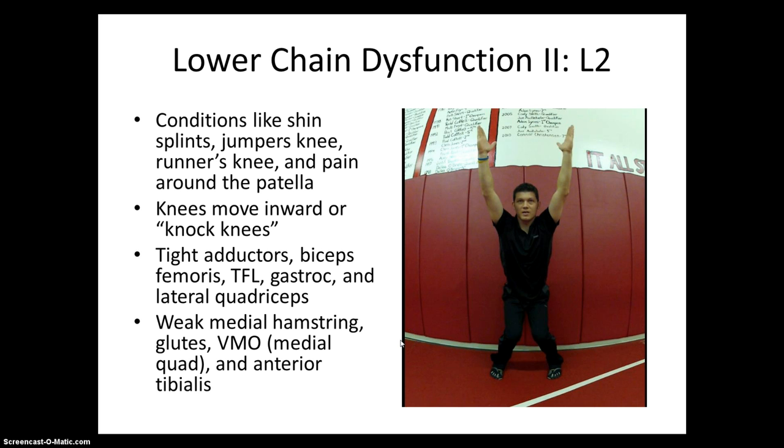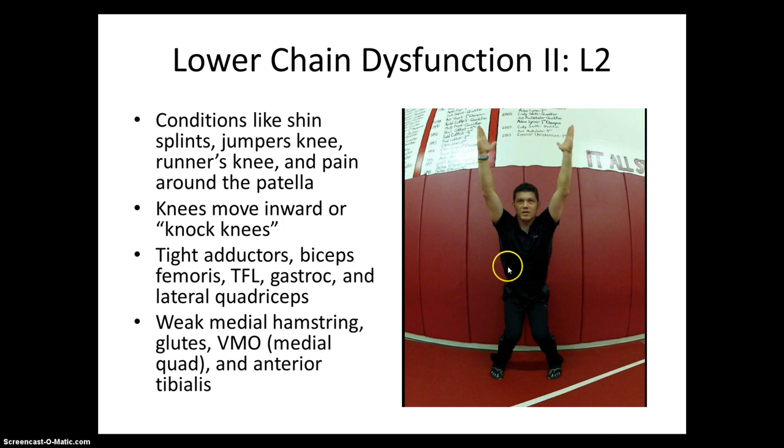Lower chain dysfunction 2, or L2, often results in conditions like shin splints, jumper's knee, runner's knee, and patellofemoral pain. Much like L1, the primary difference is that the knees buckle or cave in, otherwise known as knock knees. These are very common in females, so it might be something to look out for if you're working with a female client, specifically if they complain of knee pain.